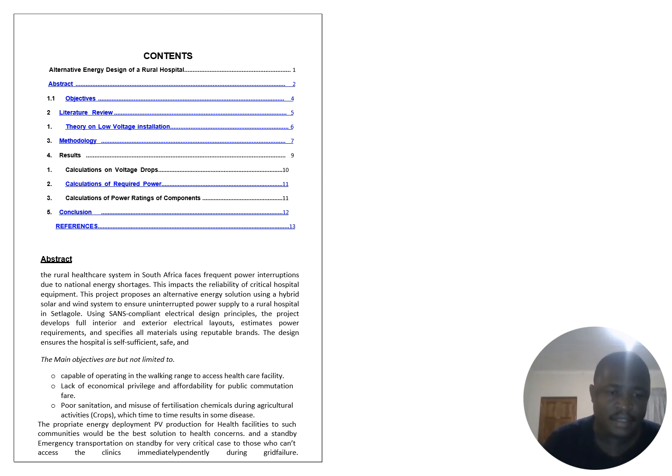The appropriate energy deployment, PV production for health facilities of such communities, will be the best solution for health concerns and for those who can't access a clinic immediately during a grid failure.